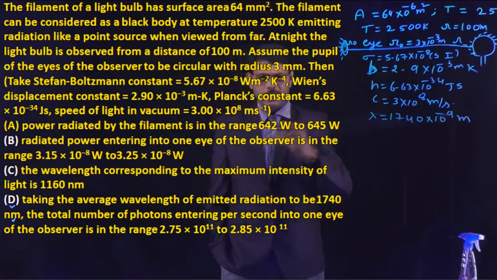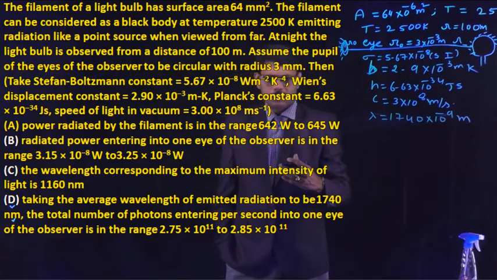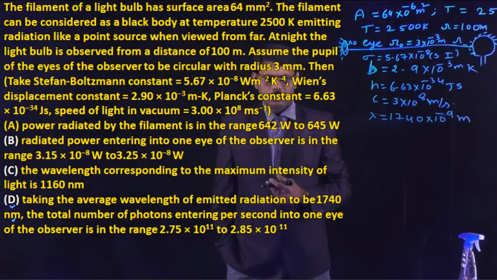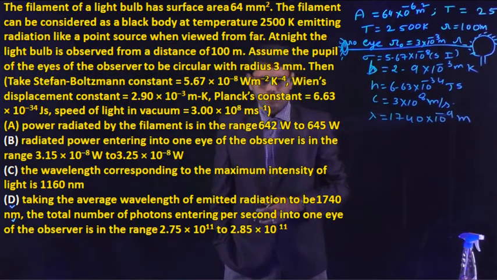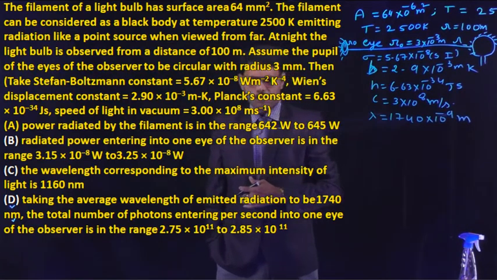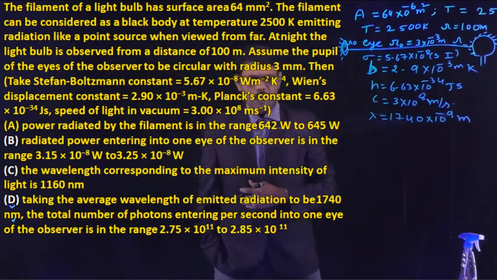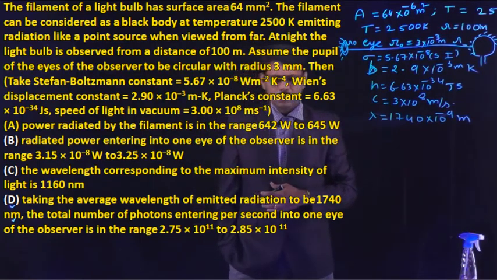1740 nanometers. We have to find the total number of photons entering per second into one eye of the observer, and the options give a range that we have to verify.